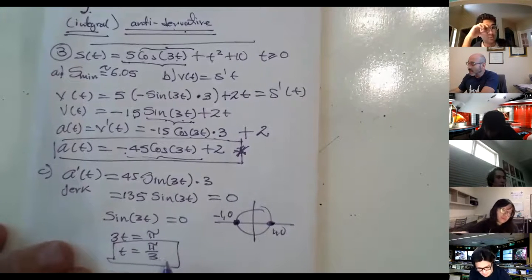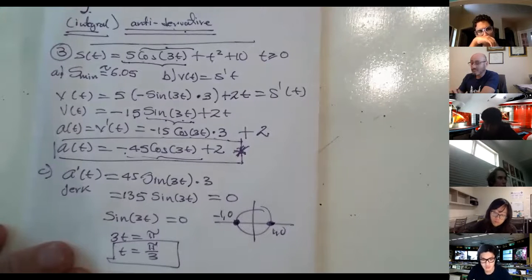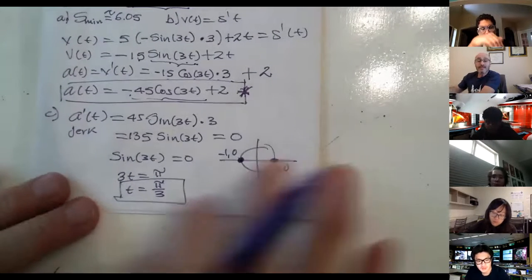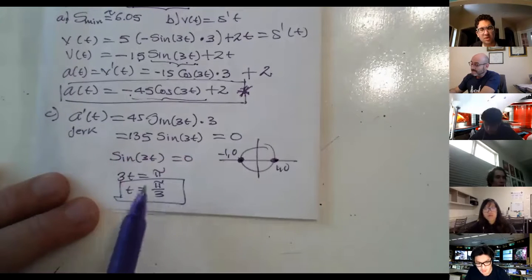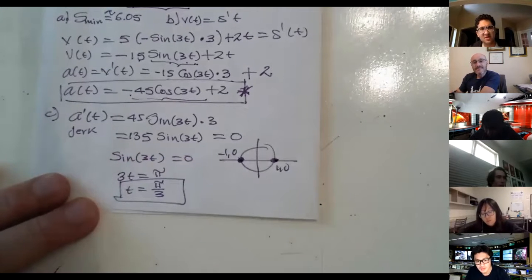How can I check if this is a max or a min? Second derivative test or first derivative test, or the sign chart, yeah, sign chart.